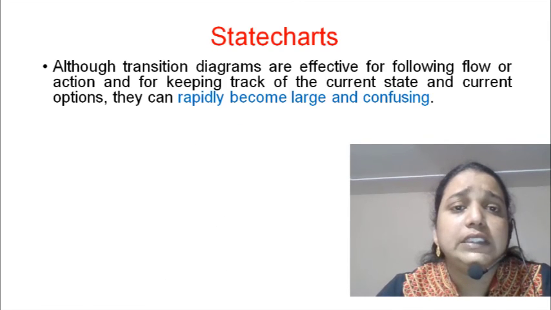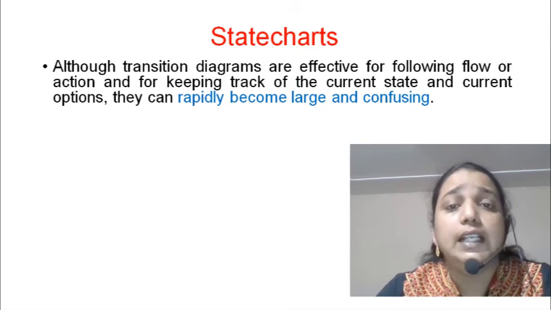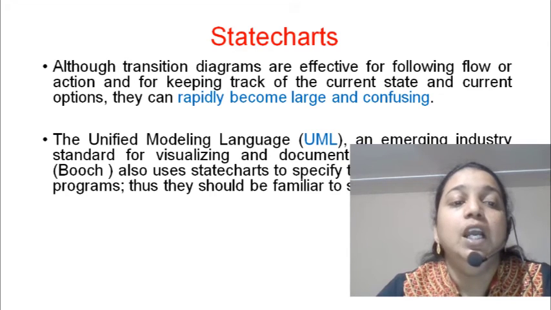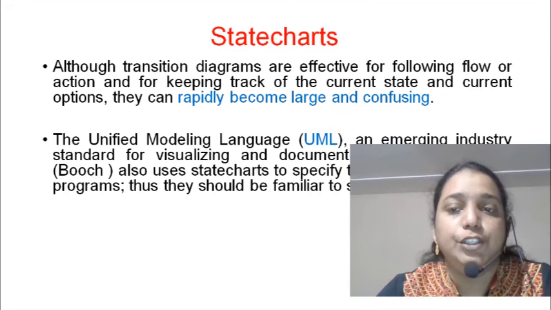And then state charts. Although transition diagrams are effective for following the flow of action or keeping track of current states and current options, they rapidly become large and confusing. The Unified Modeling Language, an emerging industry standard for visualizing and documenting software systems, also uses state charts for specifying the behavior of general programs.